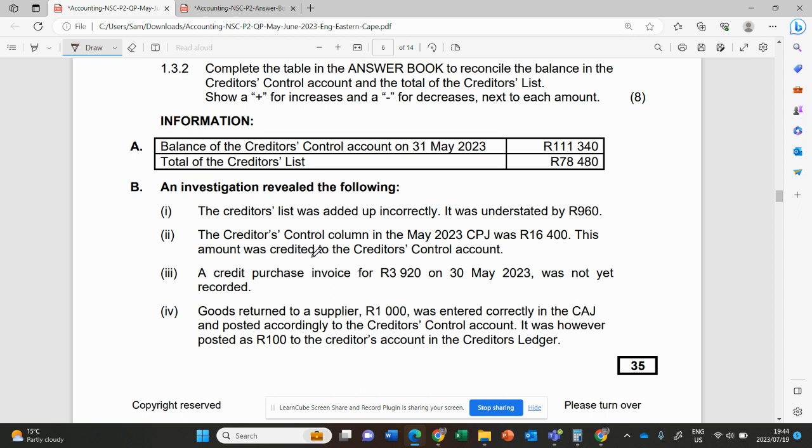What they did here is that they credited the creditors control, which is wrong. They need to debit the amount to reduce the account. They credited, so it means this is an error. We need to subtract twice, because they added instead of subtracting.